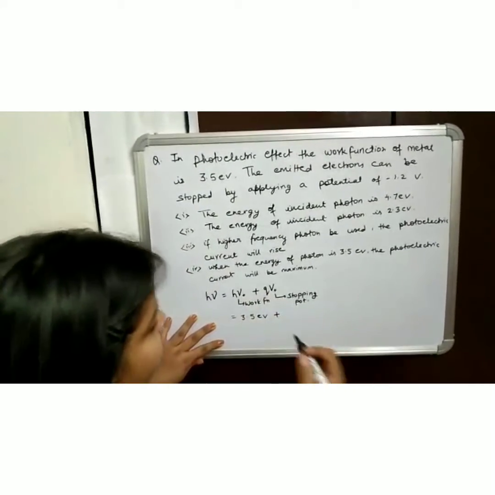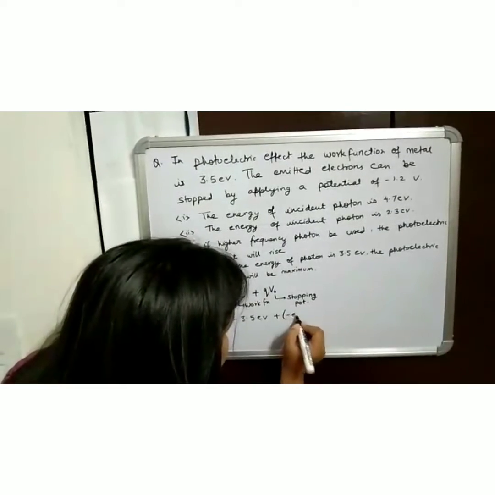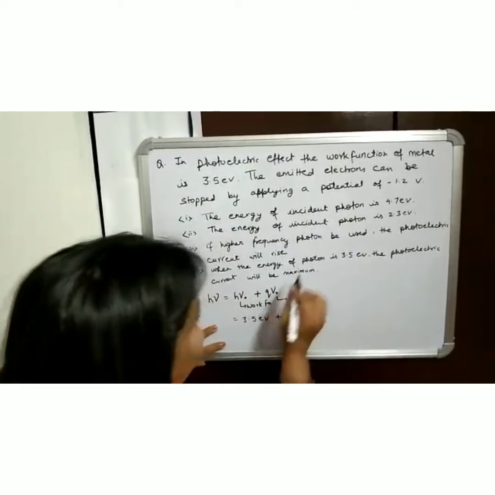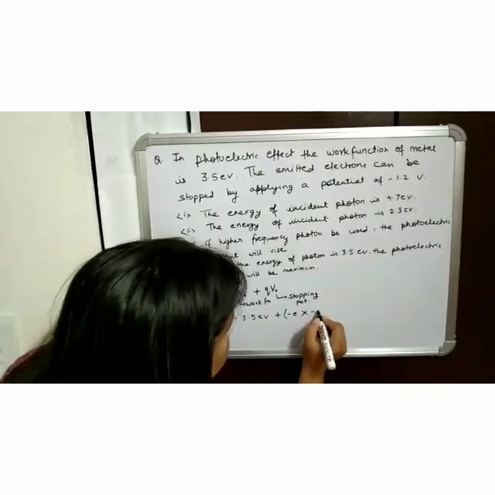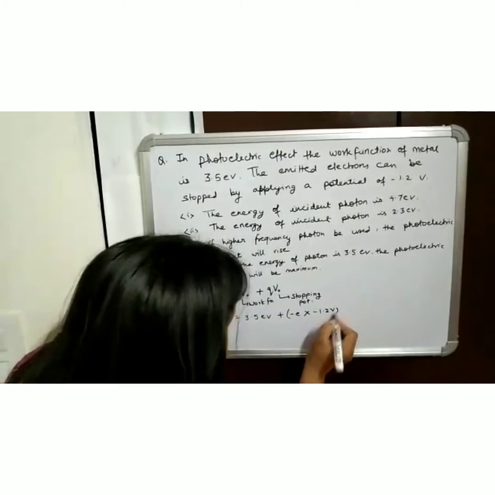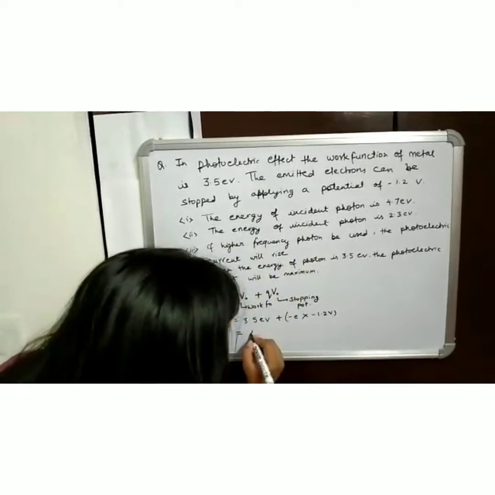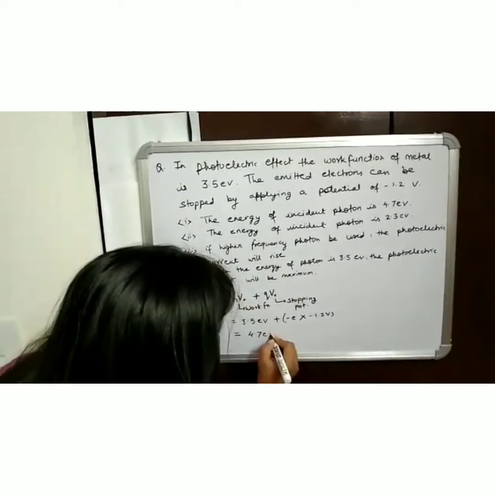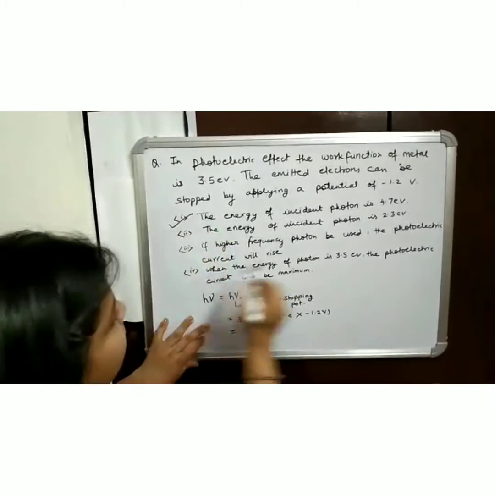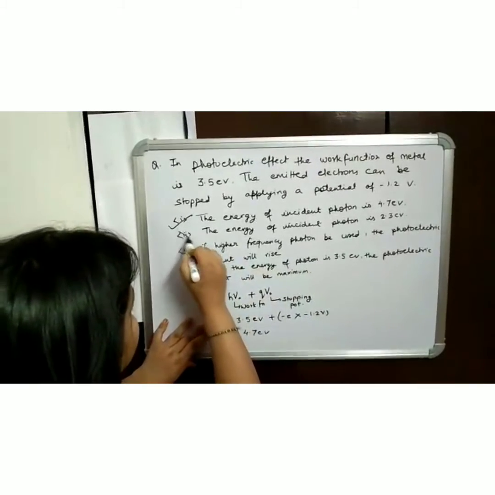Here electrons are emitted, so the charge of the electron is minus e, and the stopping potential given in the question is minus 1.2 volt. So the energy of the incident photon is 4.7 electron volt. Option 1 is correct. Option 2 is not correct.